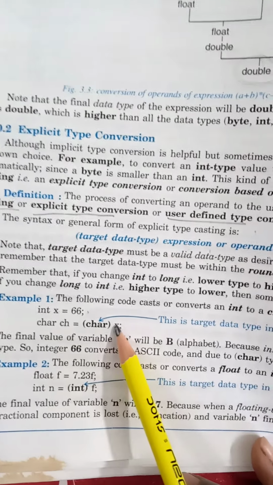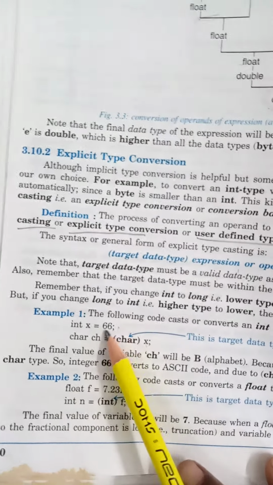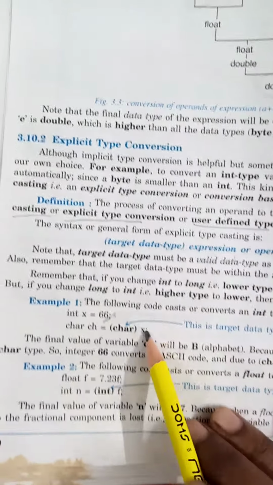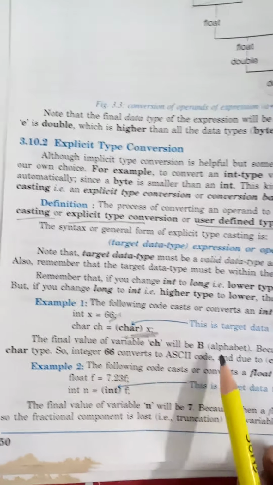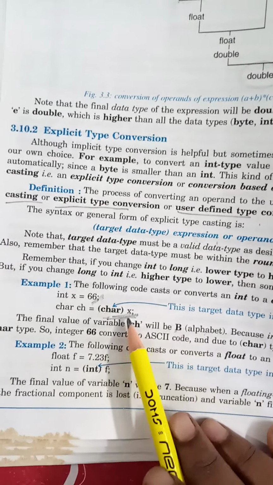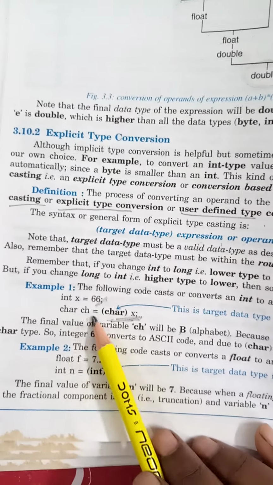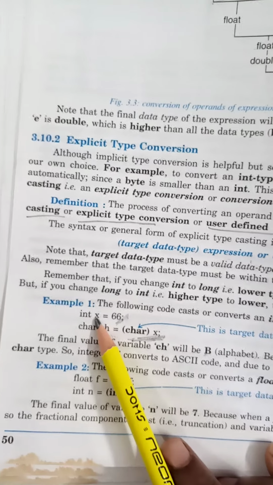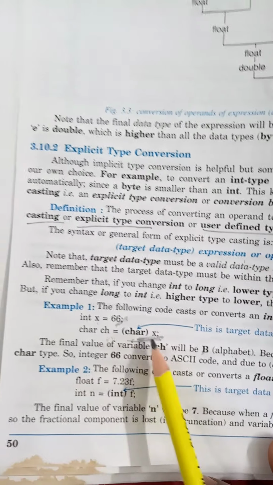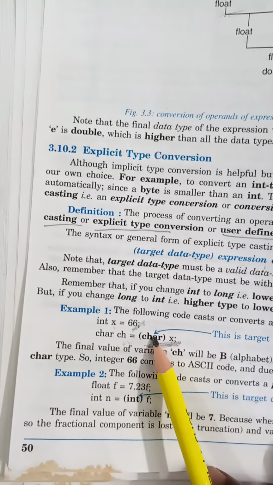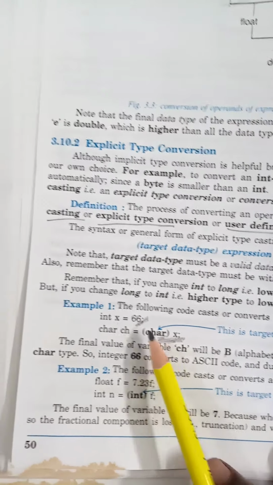You are converting 66 to a character, so you get the corresponding ASCII code's character, that is alphabet B. If you print the value of ch, you will get B, because you assigned 66 to x and 66 is the ASCII code of B. You are storing the corresponding character, not the integer value, within ch.